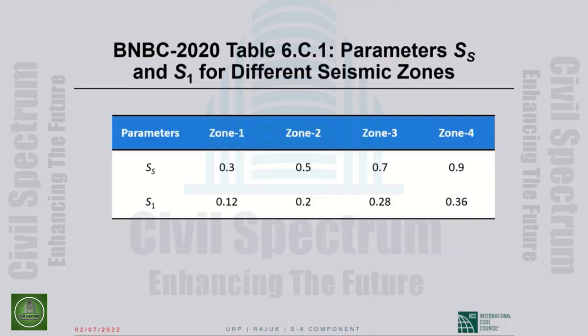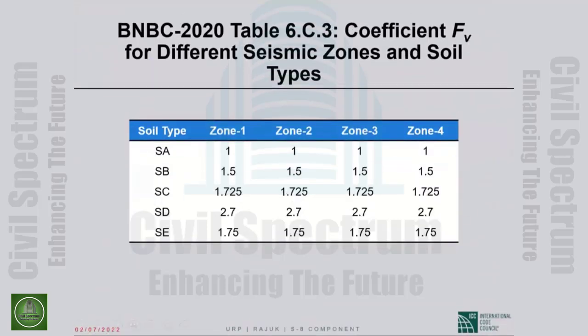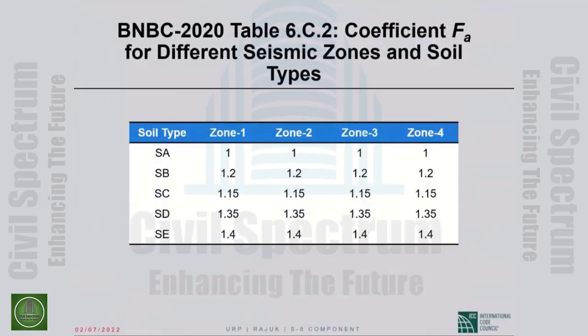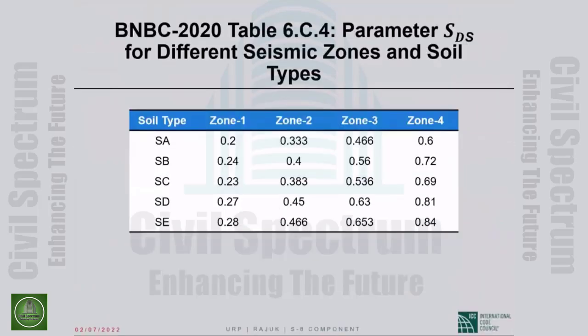In table 6.C.1, BNBC gives you the S sub S and S sub 1 values for the different seismic zones. The next table gives you F sub A values for the different seismic zones. Then the F sub V values for the different seismic zones.